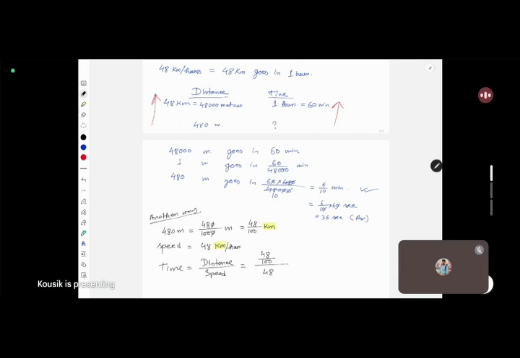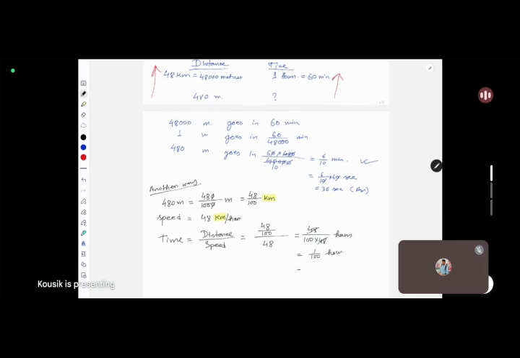So that means 48 by 100 into 48 hour, because time is in unit of hour. So time is hour. So 48 cancel out, 1 by 100 hour.